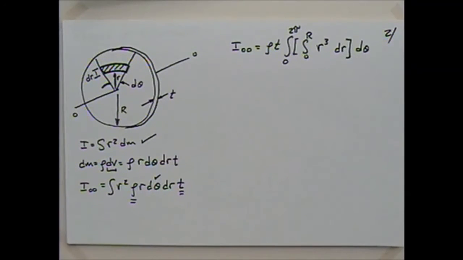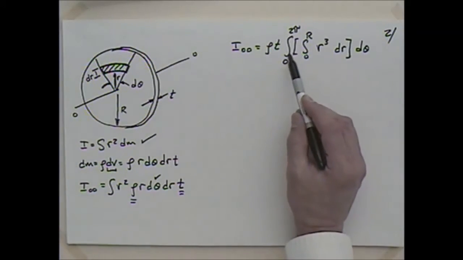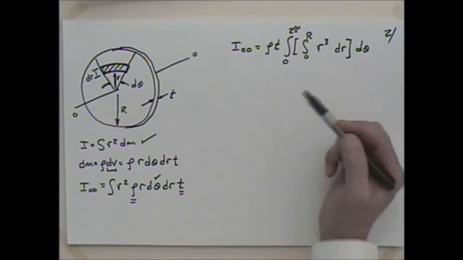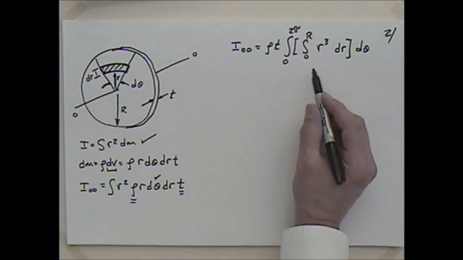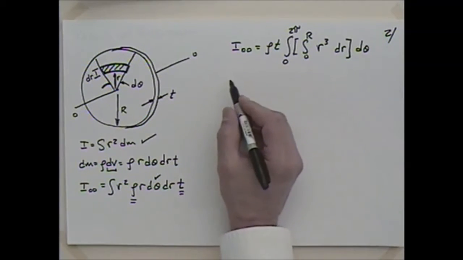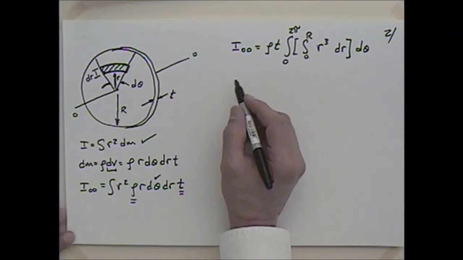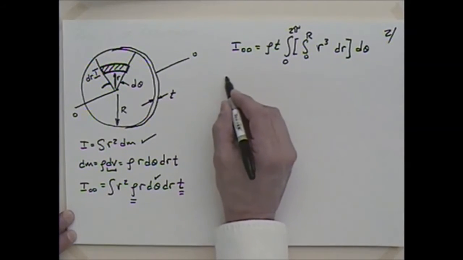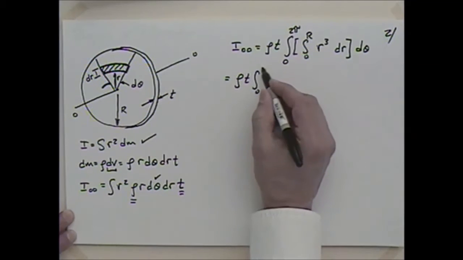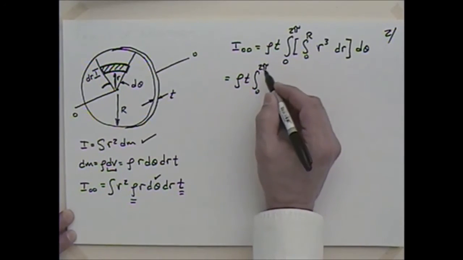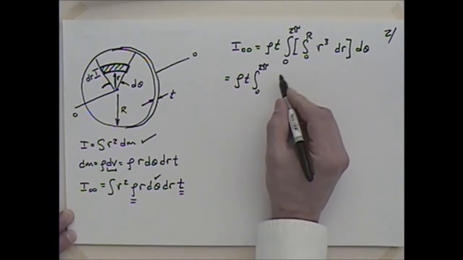And you could do these in any order. If you chose to put the theta inside the r, that would be fine. Sometimes one order or another makes it a little easier. I don't know that it would be a big deal in this one. So if we go through this, I could say that this is equal to rho times the thickness times the integral from 0 to 2 pi of what are we going to have?